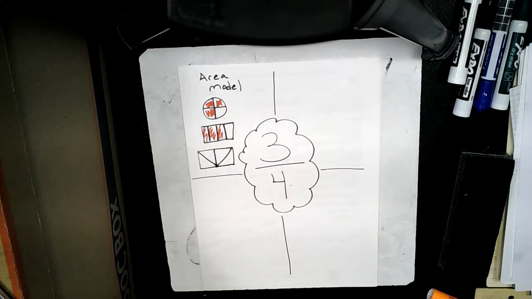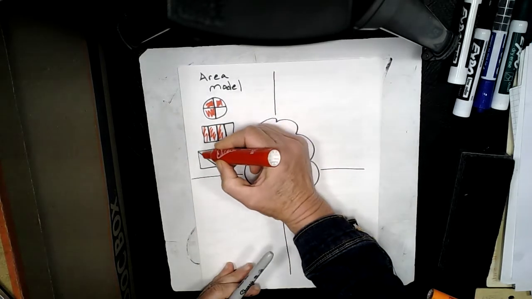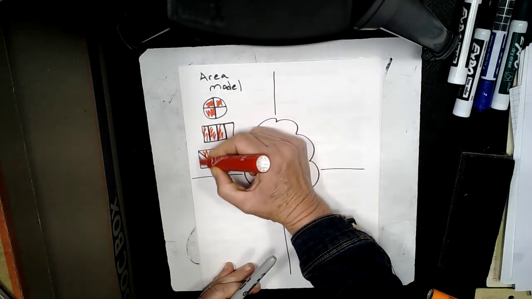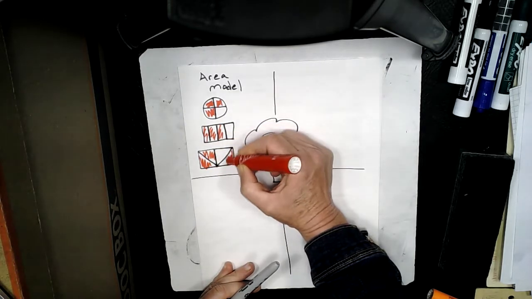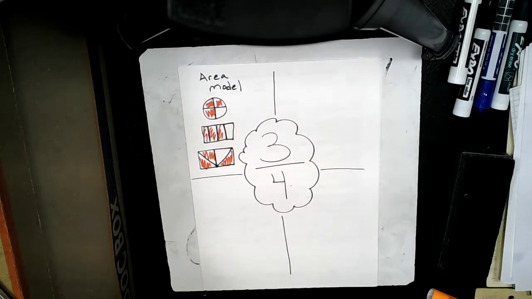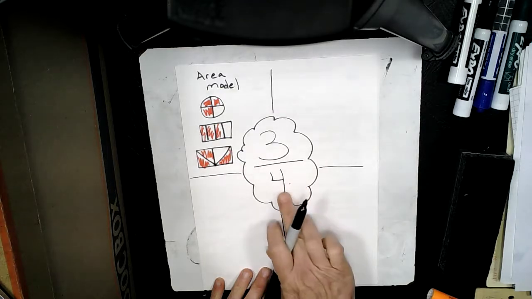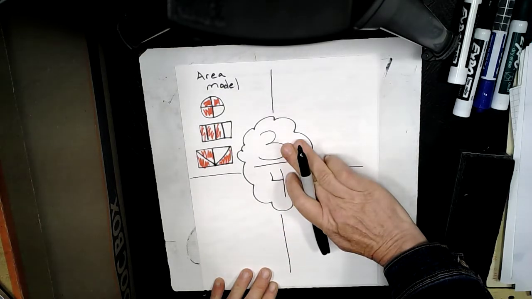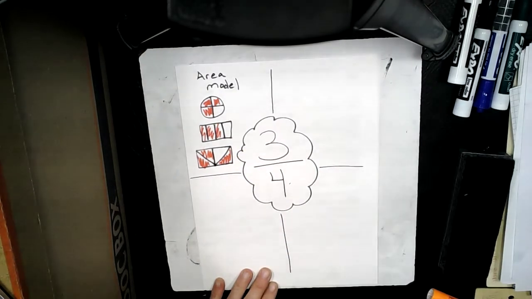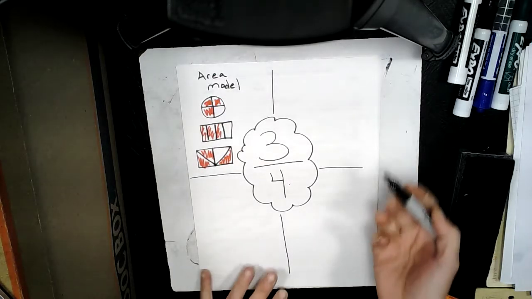There's still 4 equal parts, and maybe we're describing those 3. And that still describes 3/4. So there are different ways of looking at it that all can accurately describe 3/4. 4 parts altogether, 3 of them are being described. In this case, 3 of them are shaded in.